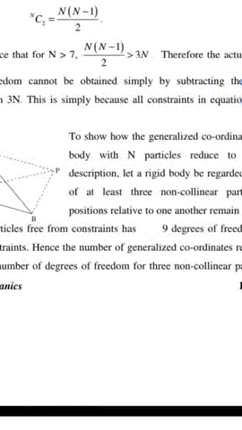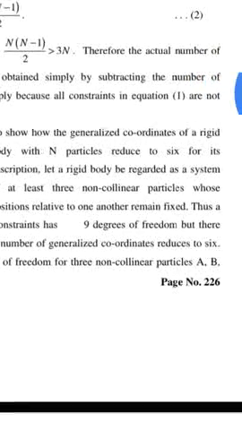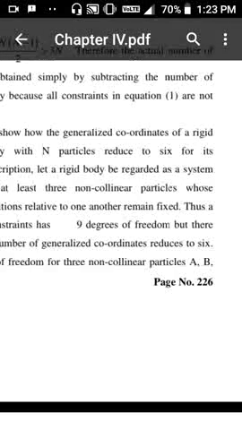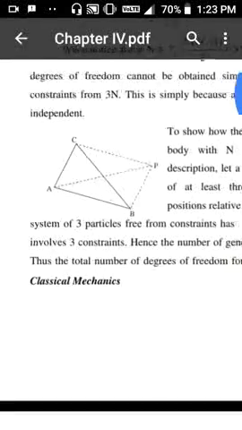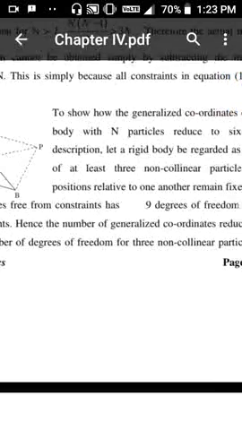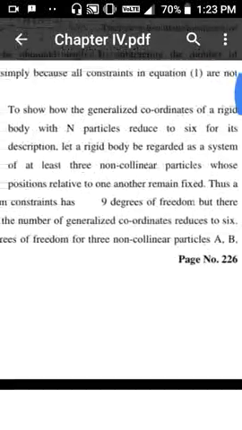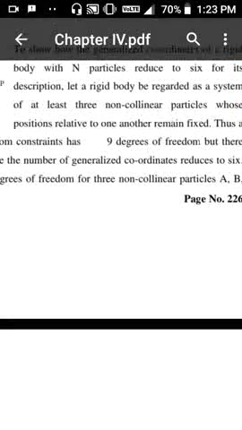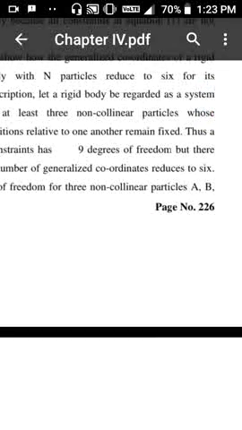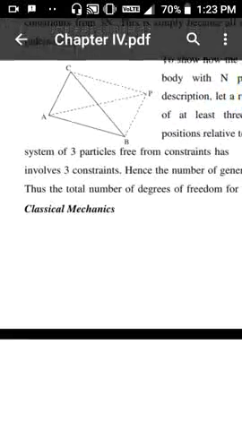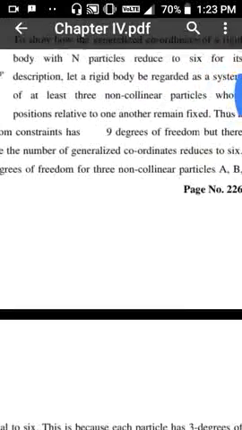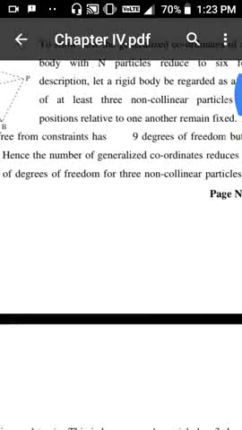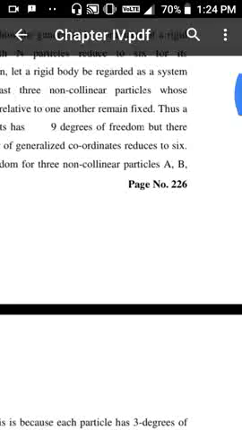To show how the generalized coordinates of a rigid body with n particles reduce to 6 for its description, let a rigid body be regarded as a system of at least 3 non-collinear particles whose positions relative to one another remain fixed.